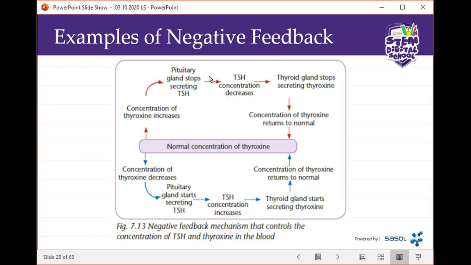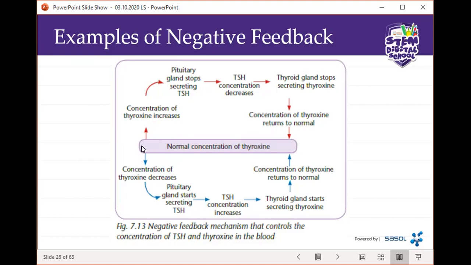Okay, so the pituitary gland would be our control center. Therefore, the thyroid gland would stop secreting thyroxine, because in order for thyroxine to be secreted, it needs to be stimulated by thyroid stimulating hormone from the pituitary. All right. Then once the thyroid gland stops secreting, the concentration of thyroxine would return to normal. Okay, and then we are back to our balance.